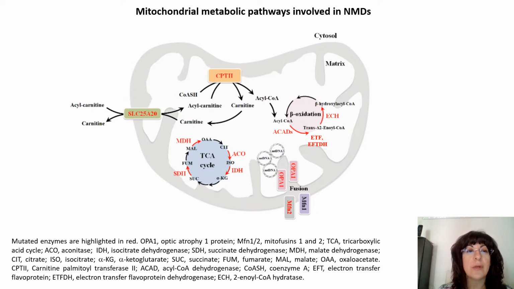In this slide, you can see mitochondrial metabolic pathways involved in the pathogenesis of neuromuscular diseases. Optic atrophy 1 protein is a GTPase responsible for the fusion of inner mitochondrial membrane and mitochondrial DNA maintenance.